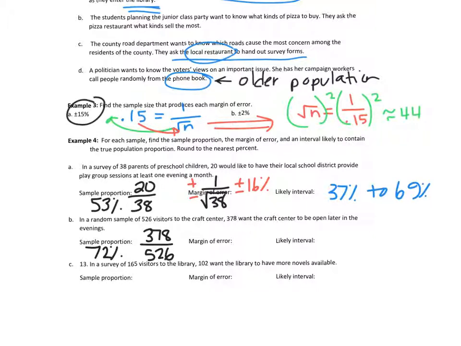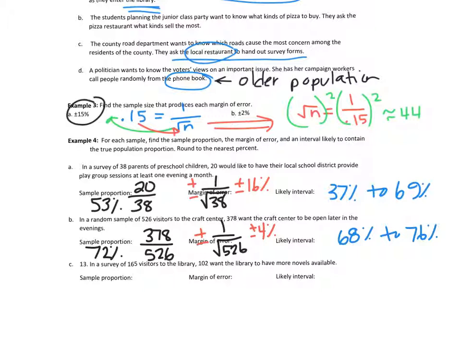The margin of error is going to be plus or minus 1 over the square root of the population that I surveyed, which is 526. So 1 divided by the square root of 526 is about plus or minus 4%. So my likely interval is going to be 72% minus 4%, which is 68%, to 72% plus 4%, which is 76%.